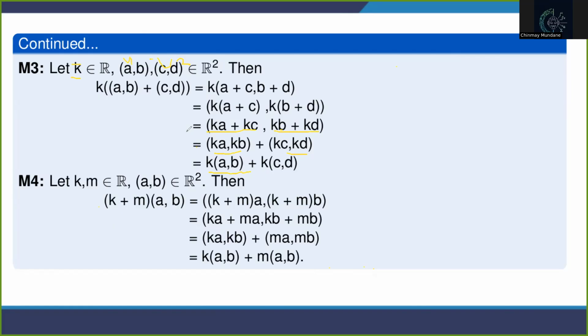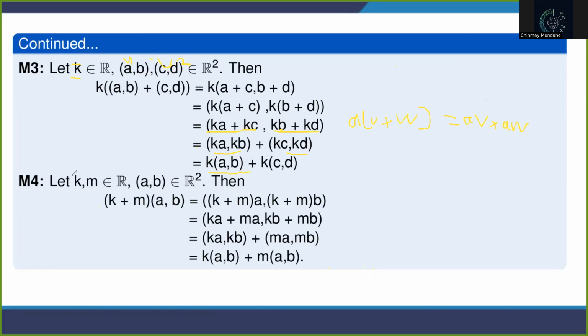So that's M3, which is distributivity of scalar multiplication over vector addition. If you remember, this property was A times V plus W equals AV plus AW. So this was the same property that we saw here.